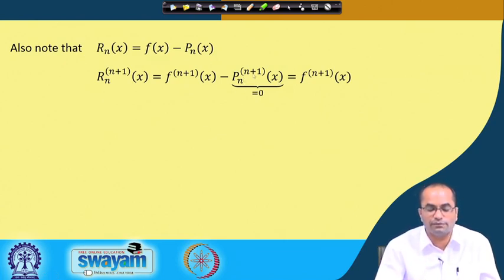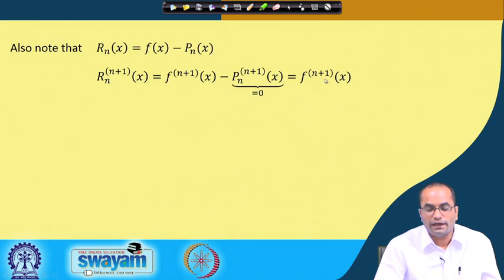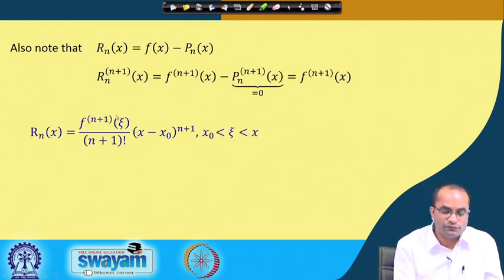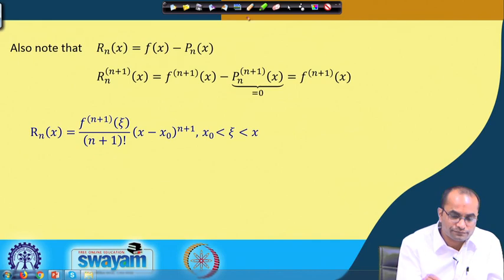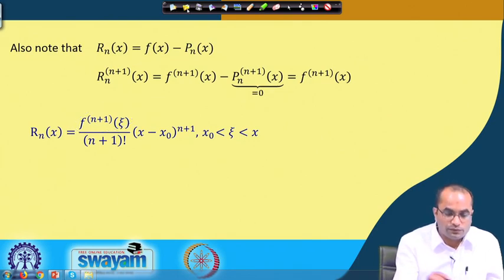So, if we take the (n+1)th derivative, this term will become 0, and we have this R_n^(n+1)(x) is equal to f^(n+1)(x). And now, we can substitute in our formula, which was the R_n^(n+1), so we have substituted now this value of R_n^(n+1) as f^(n+1)(xi).